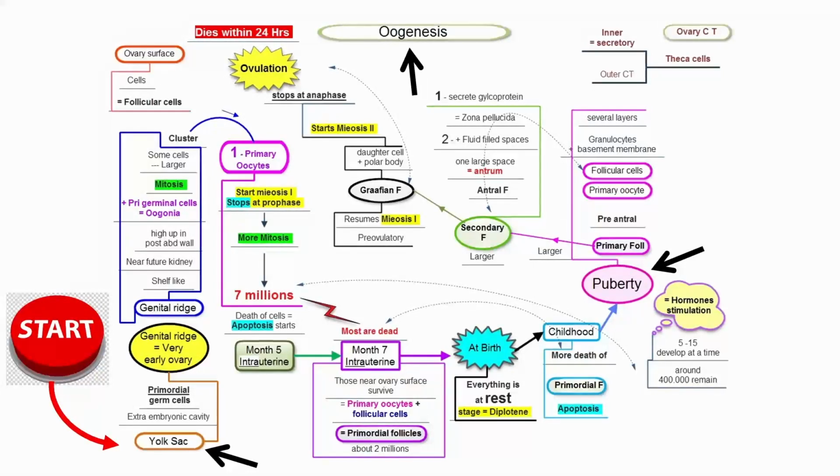Then comes puberty. At the common age of 12 or 13, sometimes earlier, there will be the stimulus of hormones. To what? To the follicles. What hormone? The hormone is the follicle stimulating hormone, a very descriptive term of what this hormone does.